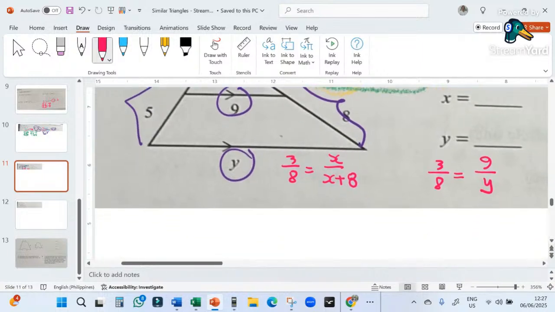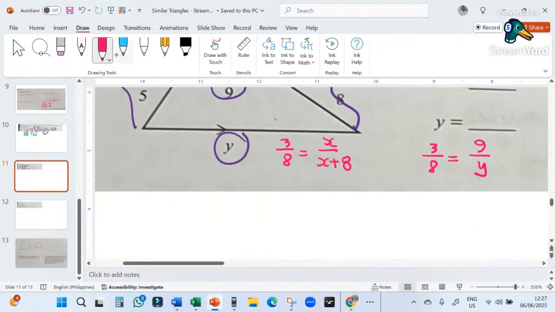And then you do cross multiplication. Let's do the first one. There you go. Shoot method. Okay. So we have this x. 3 times x is 3x plus 3 times 8 is 24 equal to, bang, 8 times x is 8x. I'm going to move 3x to the other side so that I will not have a negative number.